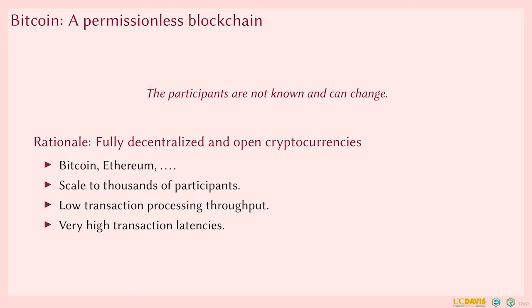We see similar designs not only in Bitcoin, but also in Ethereum and other cryptocurrency projects. These permissionless blockchains are interesting in the sense that they can quite easily scale to thousands of participants. But on the other hand, they have really low transaction processing throughputs and very high transaction latencies. So for high performance data processing, they are not the most optimal choice.